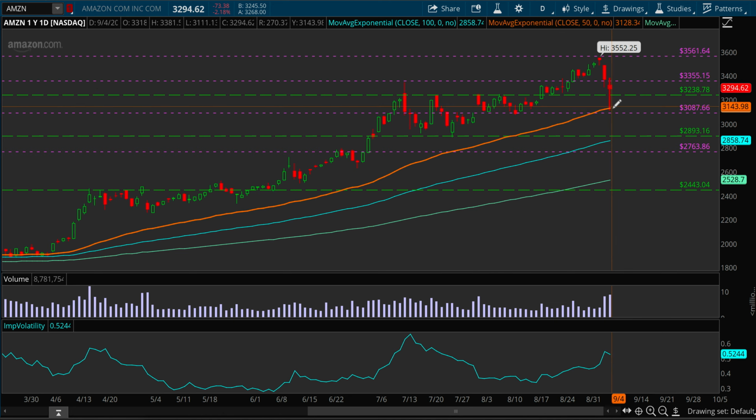This is just another level, by the way. You can use these moving averages as levels. Basically, if it was going to close on a daily under this, I would be looking for it to have some volume to the downside, and then my next level would probably be this 100, to be honest with you. So you can use those to your advantage as well. So make sure you look into those studies.